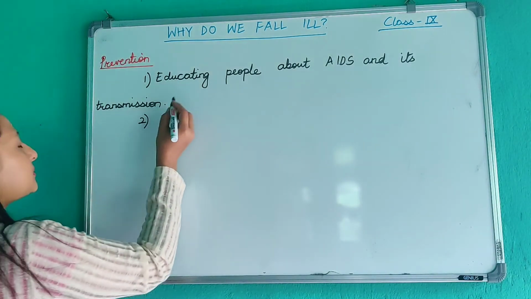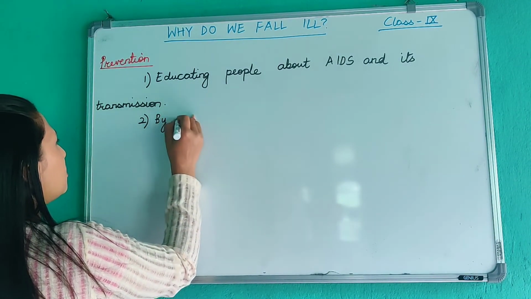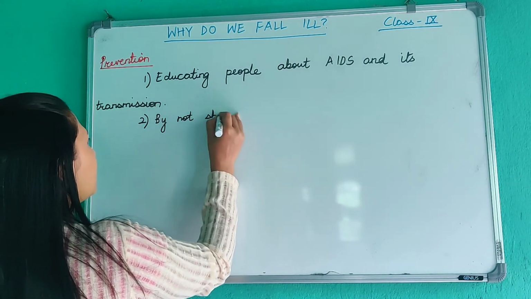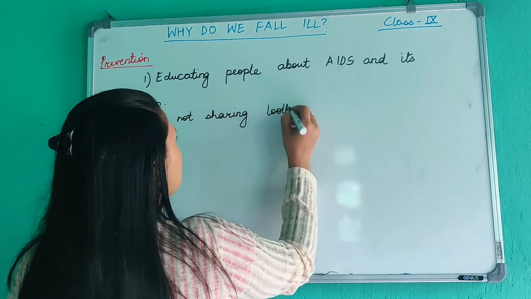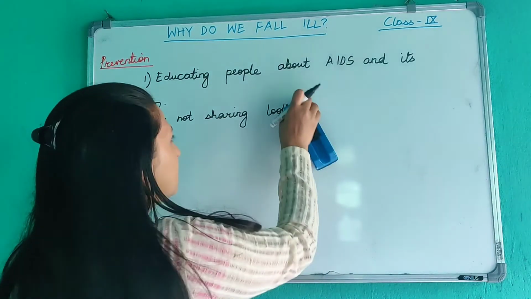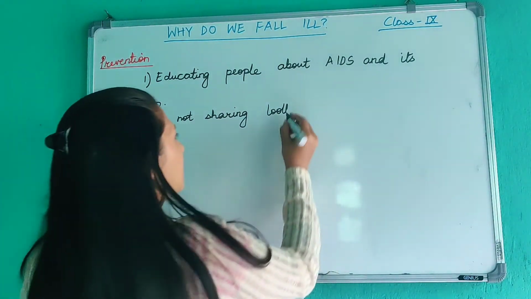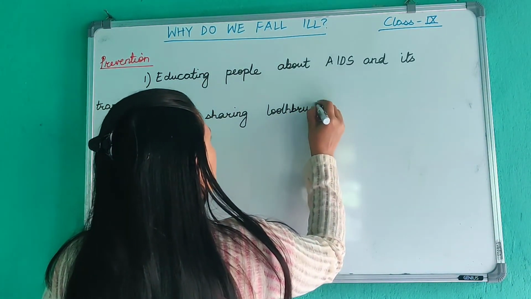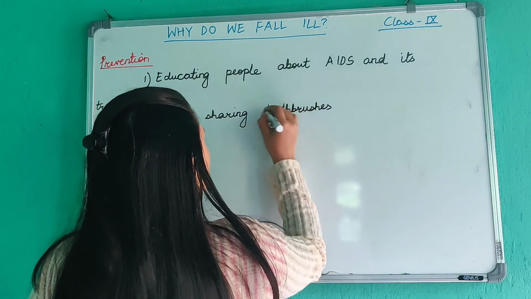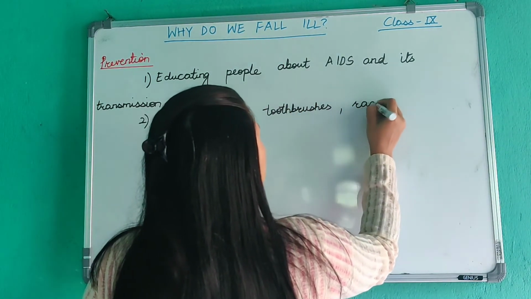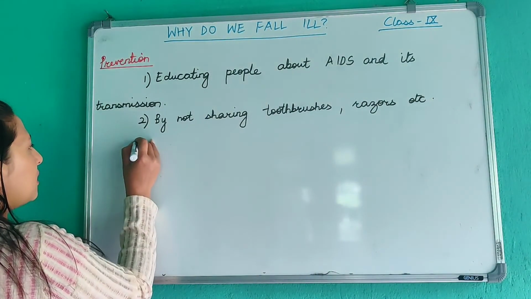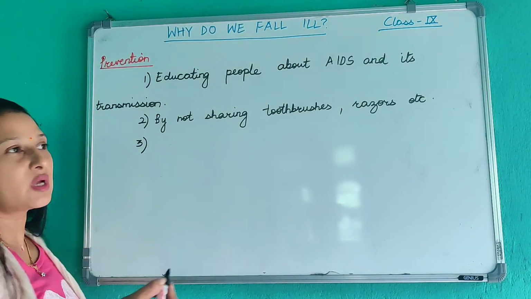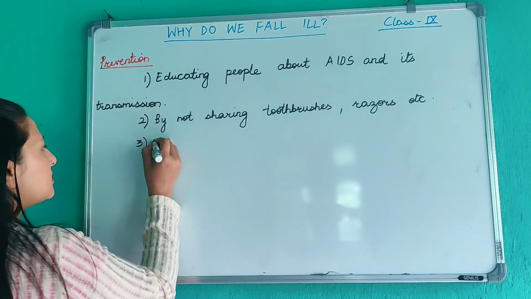Okay. Now next is not sharing. We should never share toothbrushes with anybody, or razors, shaving razors, etc. And we should always use disposable needles and syringes.